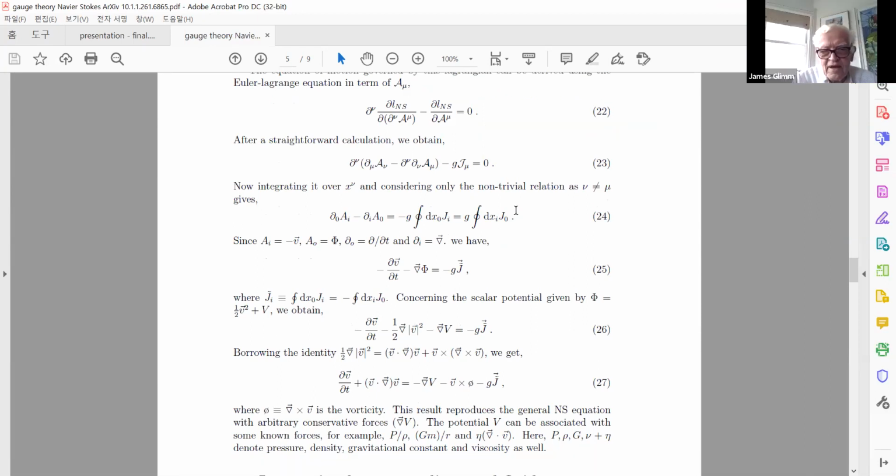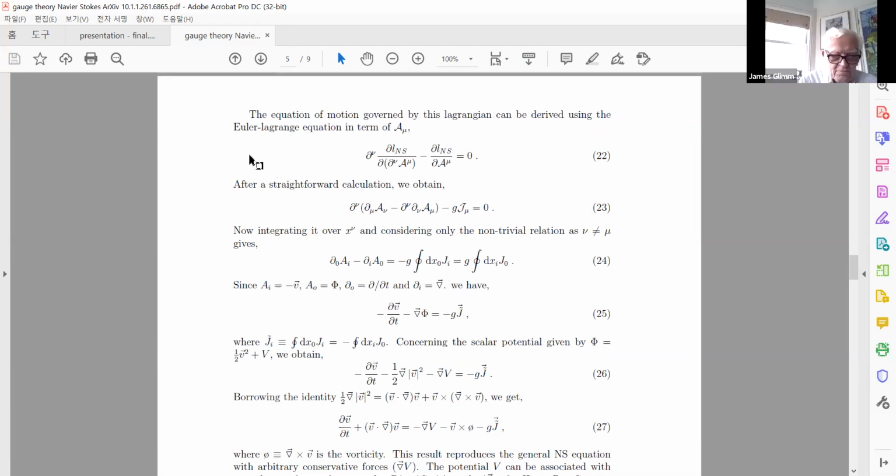It's 10 pages long, and it does derive the equations of motion as you like them from a formulation that does have a gauge in it. It all starts with the elliptic theory. I'm sorry there was so much Minkowski stuff in this, but it's all elliptic. And it uses the Coulomb gauge.